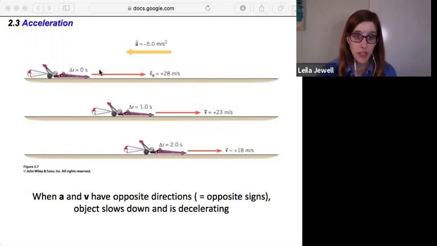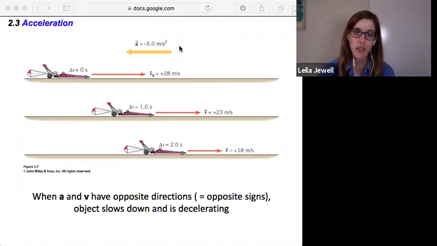So if the velocity is in the positive direction and the acceleration is in the negative direction, the object is going to have a lower and lower speed. So after 1 second, it's down to 23 meters per second because there's been negative 5 meters per second squared acting on it. So after 1 second, it's lost 5 meters per second. After 2 seconds, it's lost another 5 meters per second.